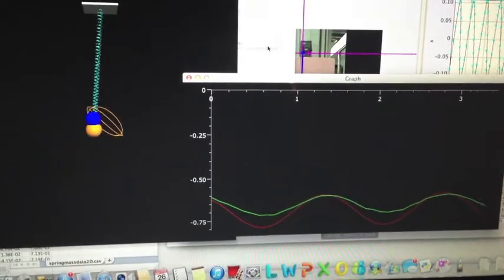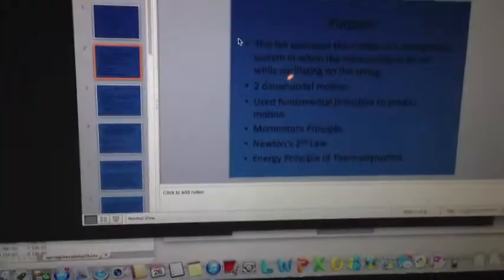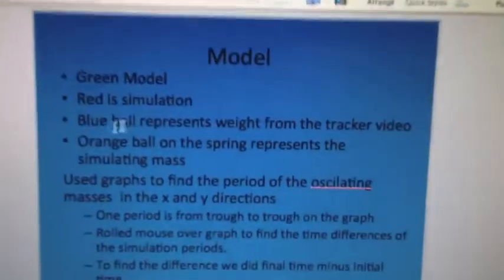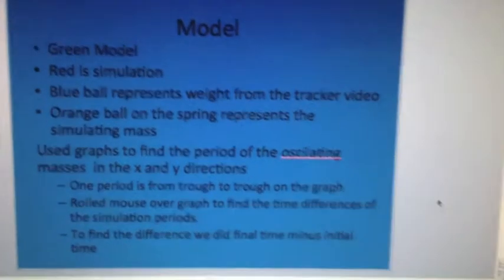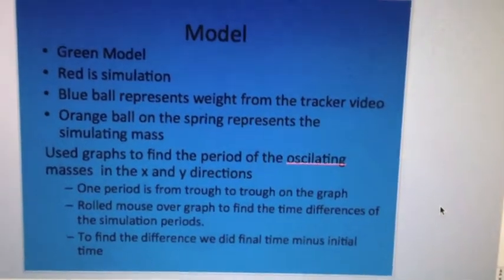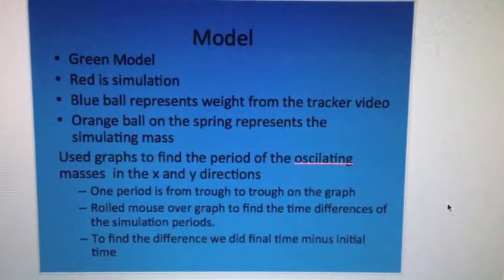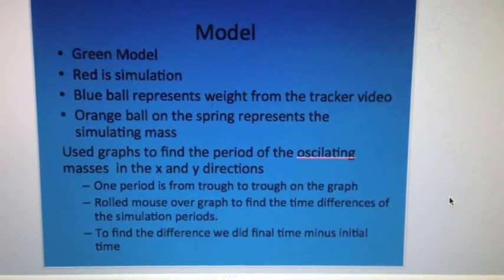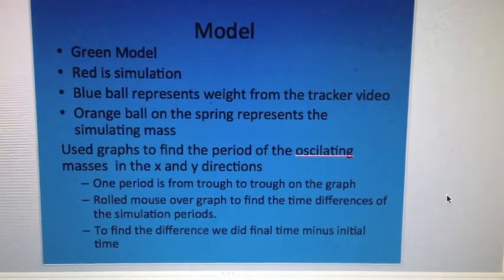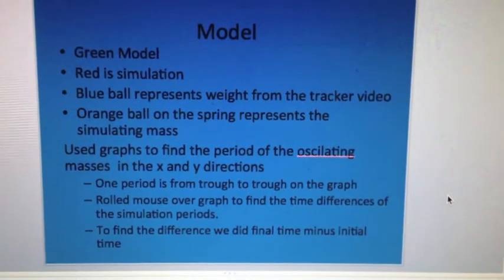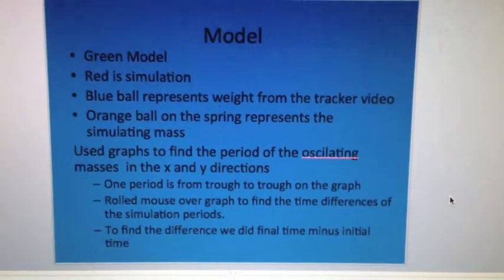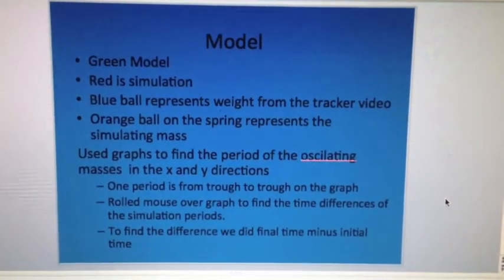So going back to our PowerPoint, we're going to show that our green line in our graph is going to represent our model, and our red line is going to represent our simulation. Our blue ball is the mass from the tracker video, and the orange ball represents the simulation mass.